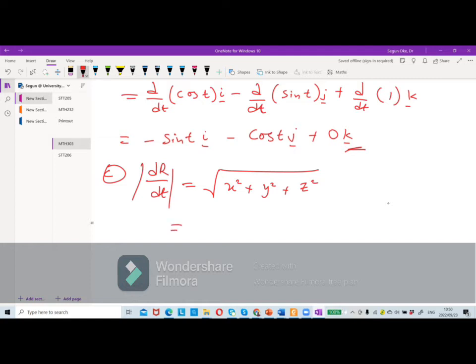So what is representing our x in this case? Sorry, what is your dr/dt? Check your notes.